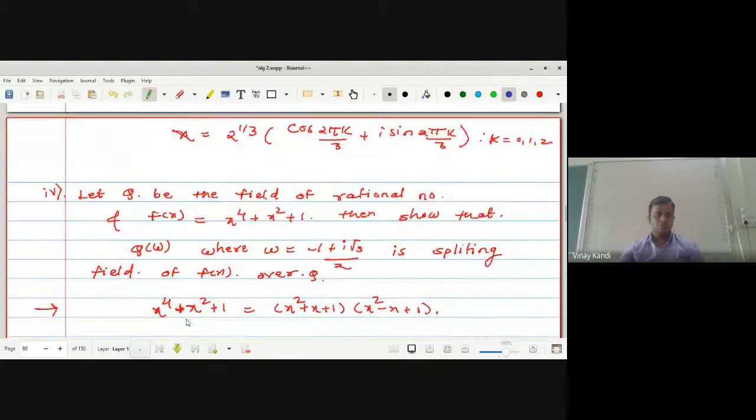So here Q is the field of rational numbers and f(x) = x^4 + x^2 + 1. Then Q(w), where w = (-1 + √3 i)/2, is the splitting field of f(x).